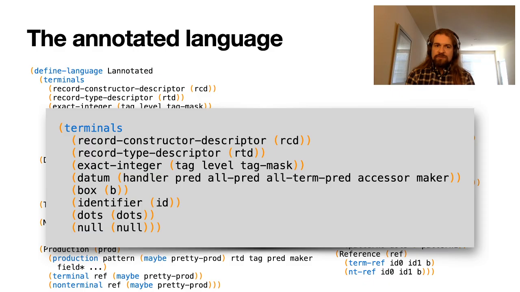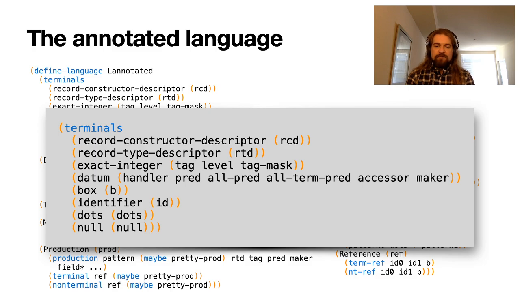Record constructor descriptor and record type descriptor are scheme data types that are used for representing information about records. We also, in the internals of the language, have a field that we use for numeric tagging. The numeric tagging is there so that we can do slightly quicker lookups when we're trying to figure out what kind of record we have our hands on instead of using the underlying record system.